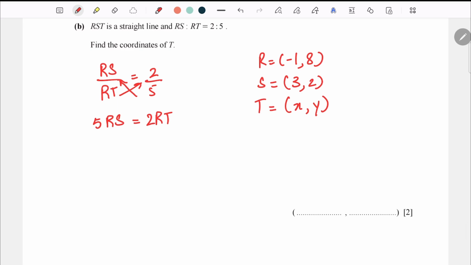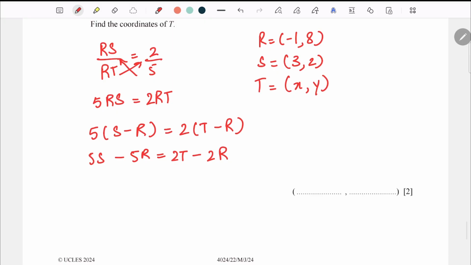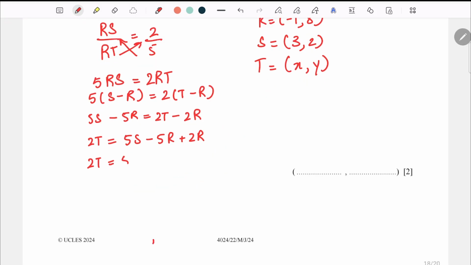So this can also be written as 5 bracket S minus R is equal to 2 bracket T minus R. If I make T the subject, it will be 2T is equal to 5S minus 5R plus 2R. 2T is equal to 5S minus 3R.